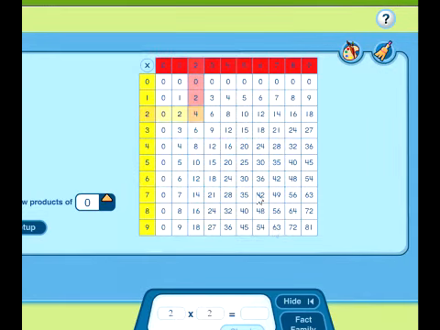What are we going to get? 4. Excellent. Try a harder number like 4. What's it going to be? 4 times 4 equals 16. See right there? There's the 16.